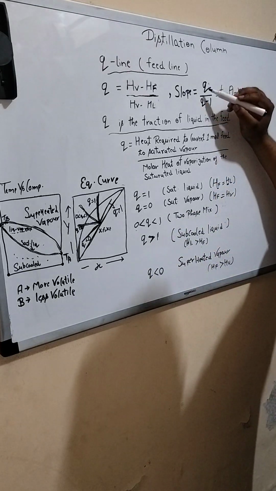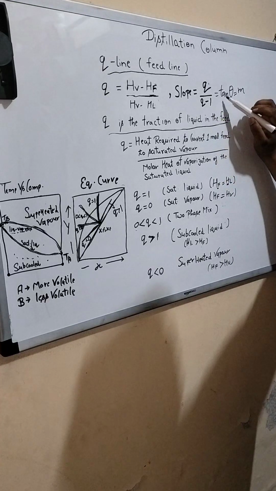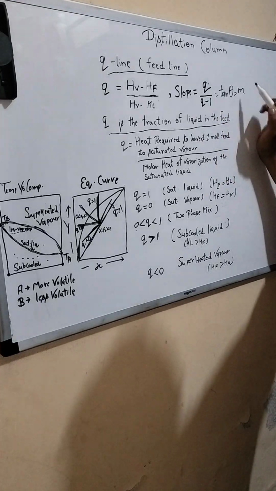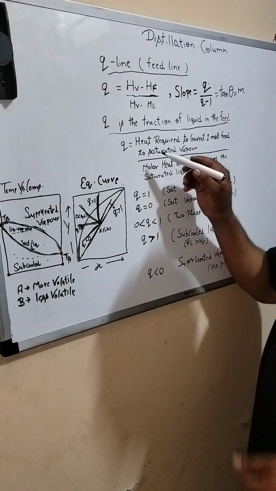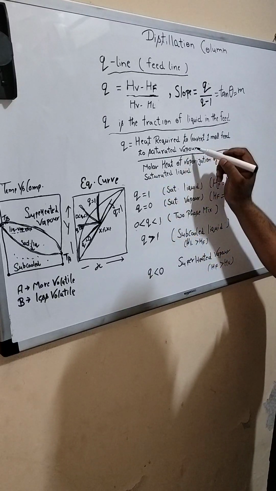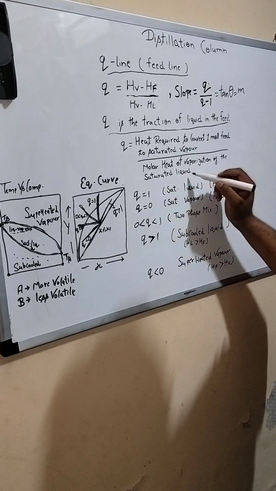The slope of the Q line or feed line is defined as Q divided by (Q minus 1), which is equal to tan theta, which is equal to m. In other terms, you can say it is the heat required to convert 1 mole of feed to saturated vapor divided by the molar heat of vaporization of the saturated liquid.